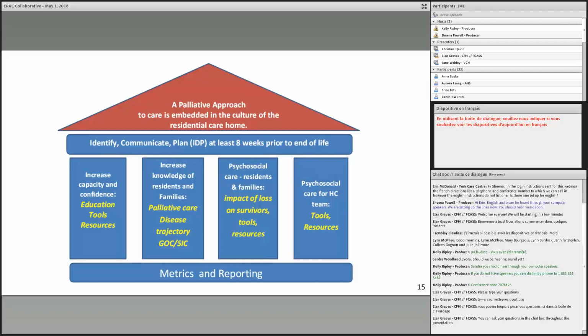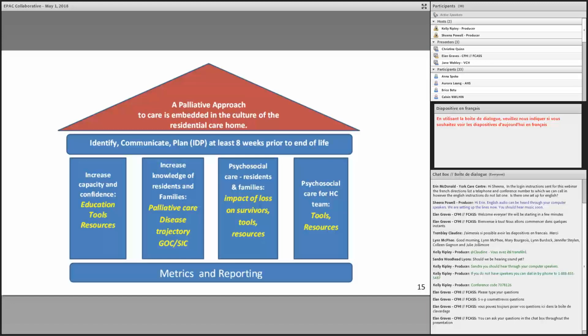So the first one was understanding that the staff did not have the capacity or the confidence to actually start having conversations, understand how to identify the people that the conversations should take place with, and also what the conversation was about.